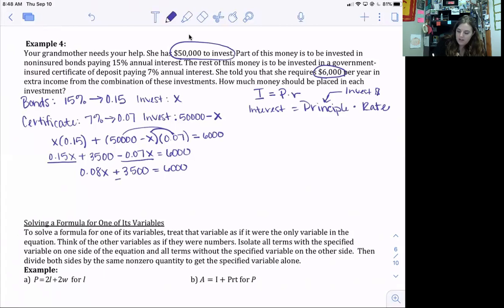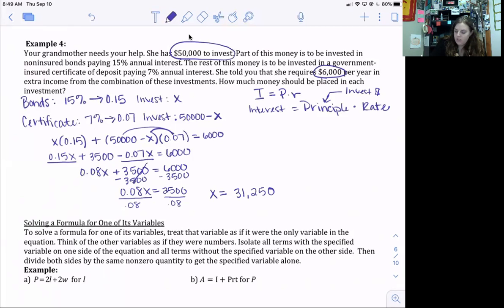We're going to subtract the 3,500 to the other side. So we have 0.08x equals 2,500. Then divide both sides by 0.08. So x equals 31,250.